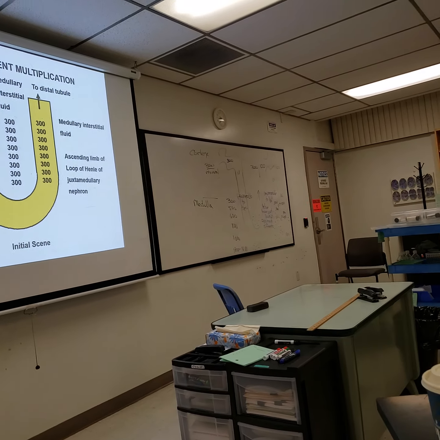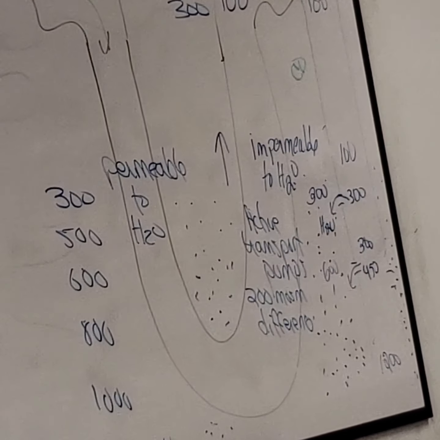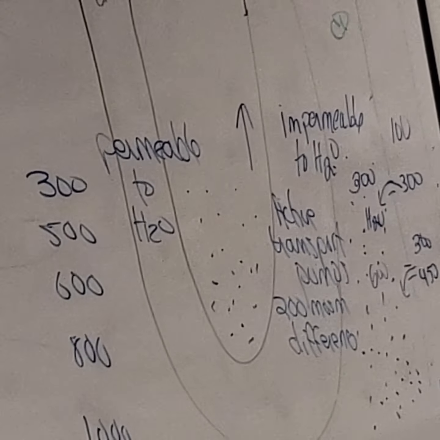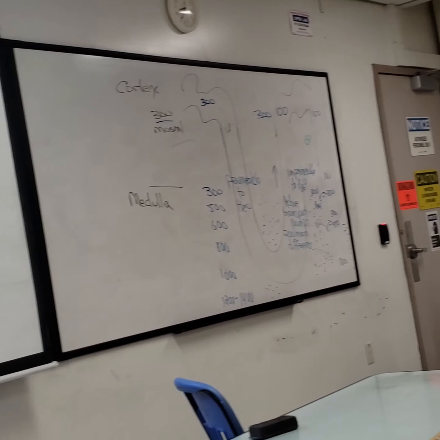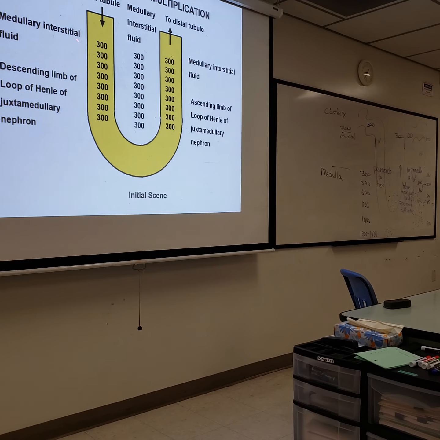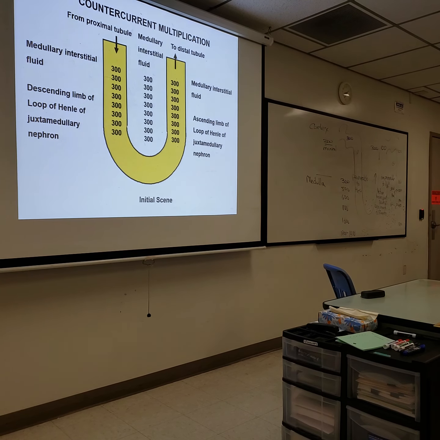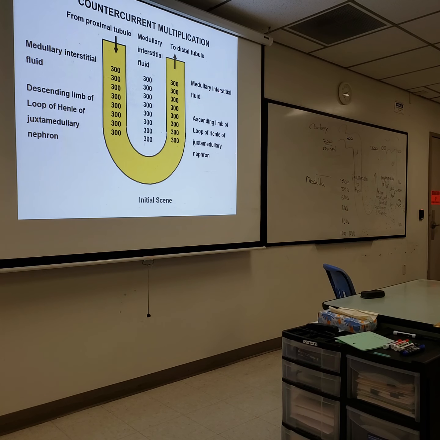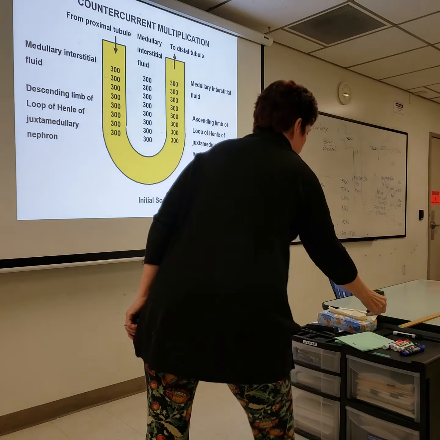Okay, so let's look at this flow here. To start this, we've allowed our nephron loop to just fill up with normal filtrate coming from the proximal convoluted tubule. Everything, including the extracellular fluid, it's not just in the middle, it's all around. So it's going to be the 300 out here and the 300 over here. So everything has a concentration of 300 milliosmoles.